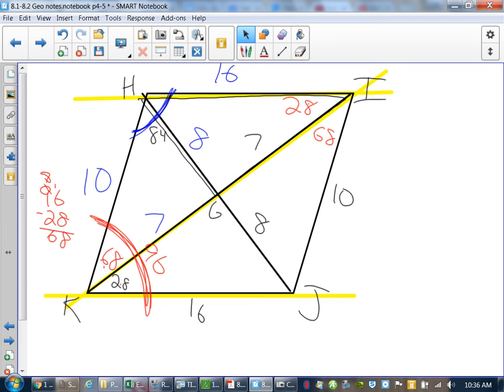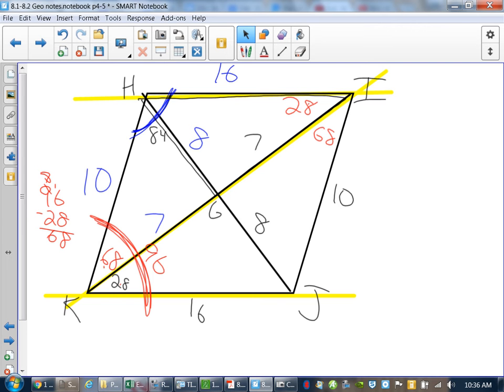I know that this is 8. What do I do? What could you do? You can do law of sines because you have the angle and its opposite.